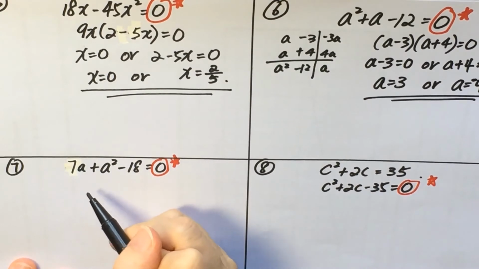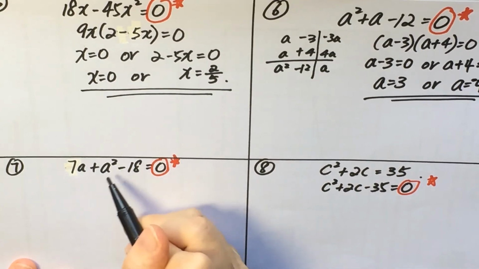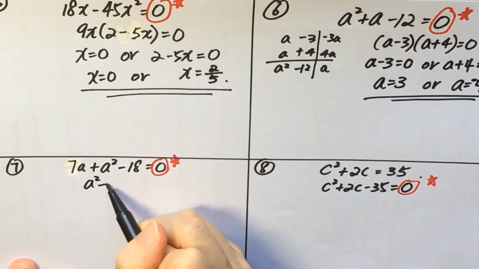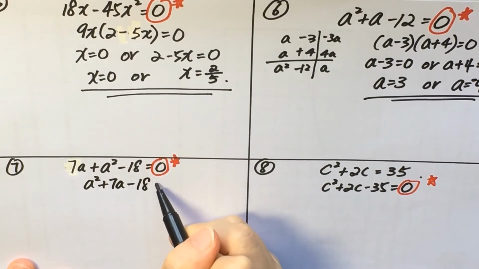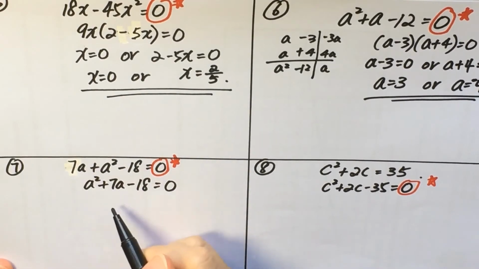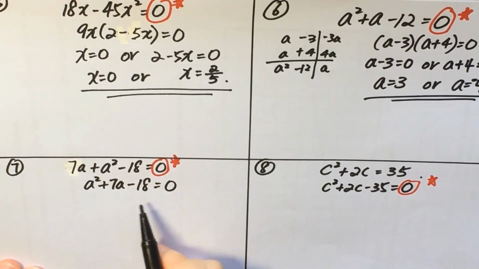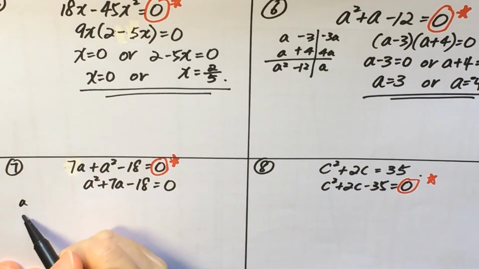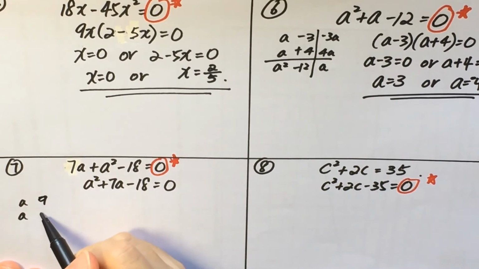Okay, next one. This question, we prefer to rearrange it to be in descending order of a. So we can do again. Okay, this is containing 3 terms, but this is not a perfect square, so we're going to use the cross method again. So a and a, 9 and 2.